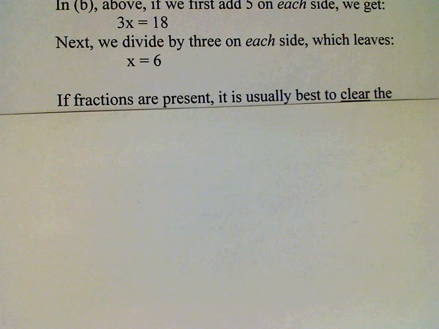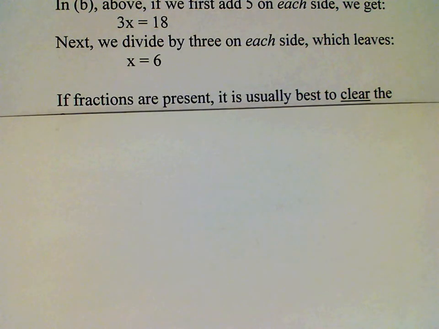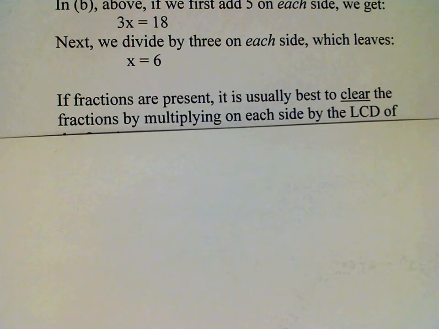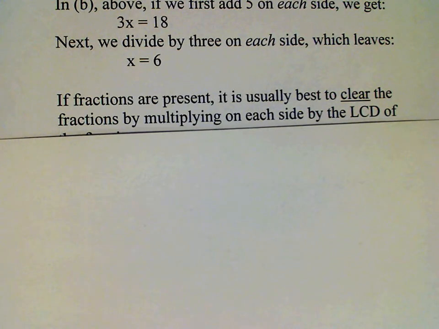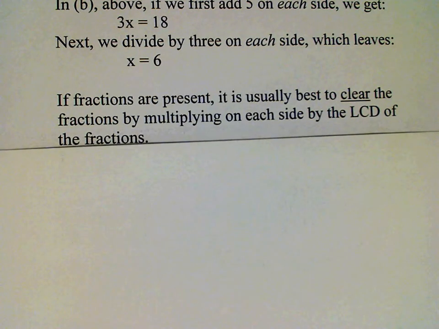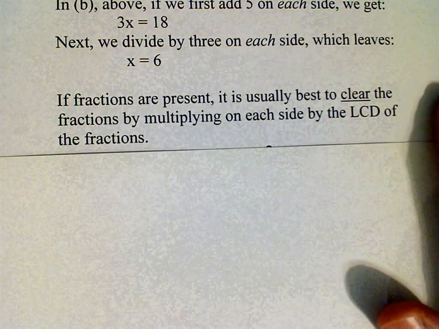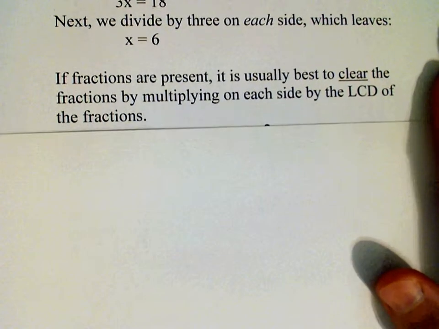The next complication is if fractions should be present in an equation, it is usually best to clear these fractions by multiplying on each side of the equation by the LCD, least common denominator, of the fractions. Now, you don't have to solve the equation this way.